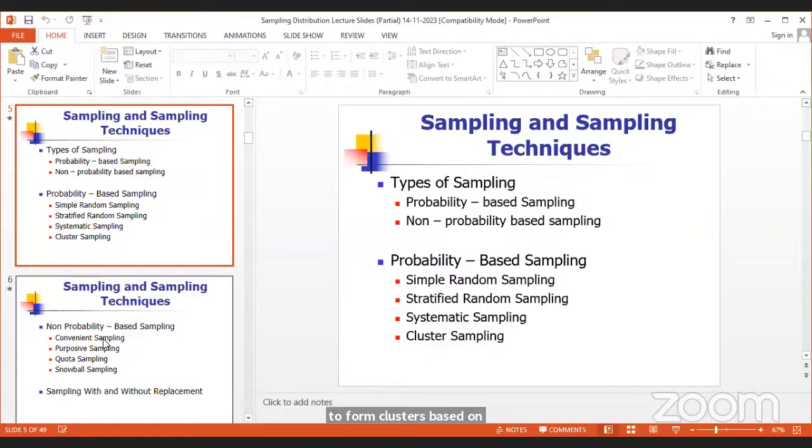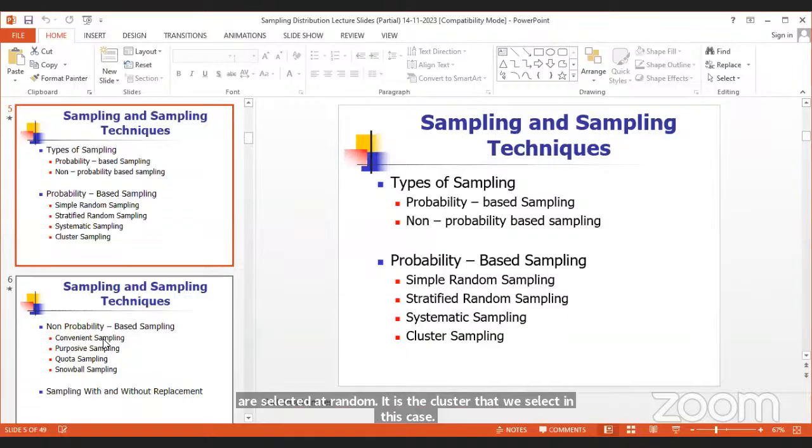And then clusters are selected at random. It is the cluster that we select in this case. Then the units of the selected clusters constitute our sample.